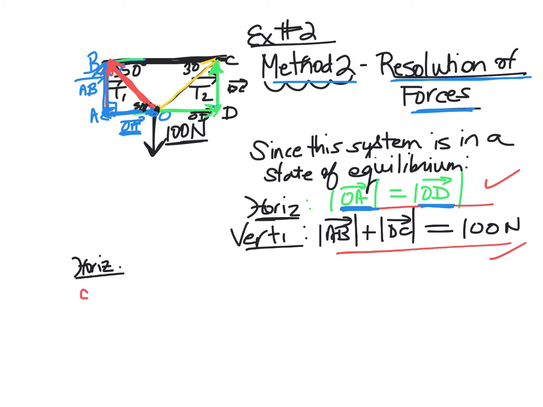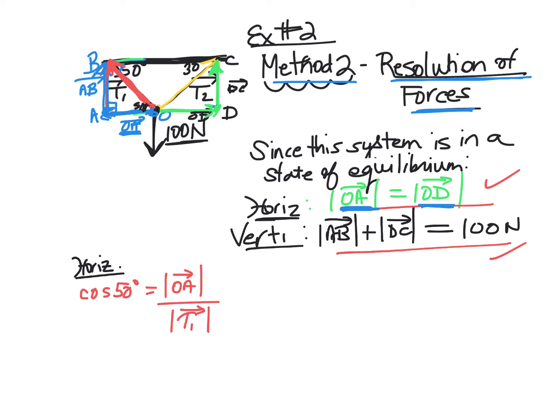So then I would say cos of 50 degrees equals, adjacent would be the magnitude of the OA vector, because I need the length of that side, right? Divided by the magnitude of the T1 vector, the tension in that red rope.